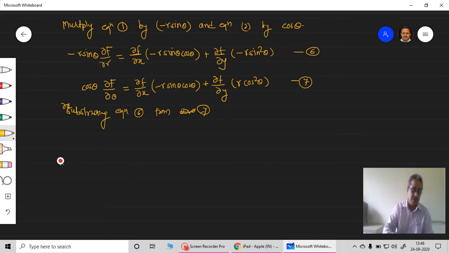All the terms obtained here become positive on both sides, and therefore we get cos theta into ∂f/∂θ plus r times sin theta into ∂f/∂r is equal to, now again, I will get ∂f/∂y common from the right hand side.